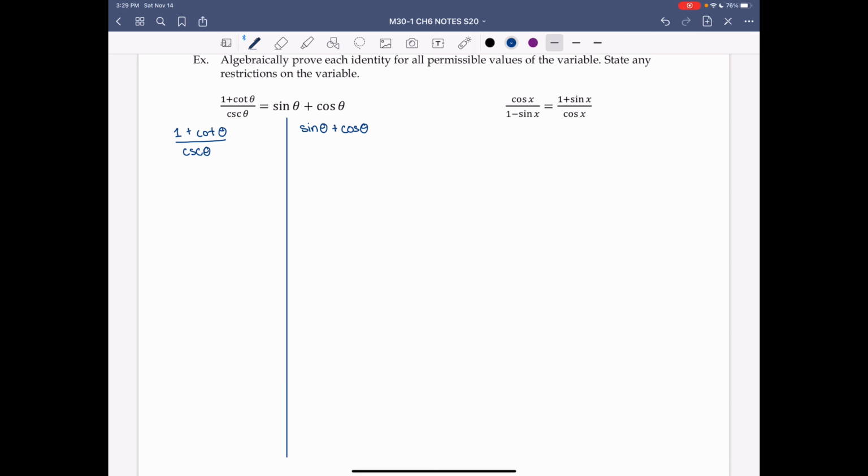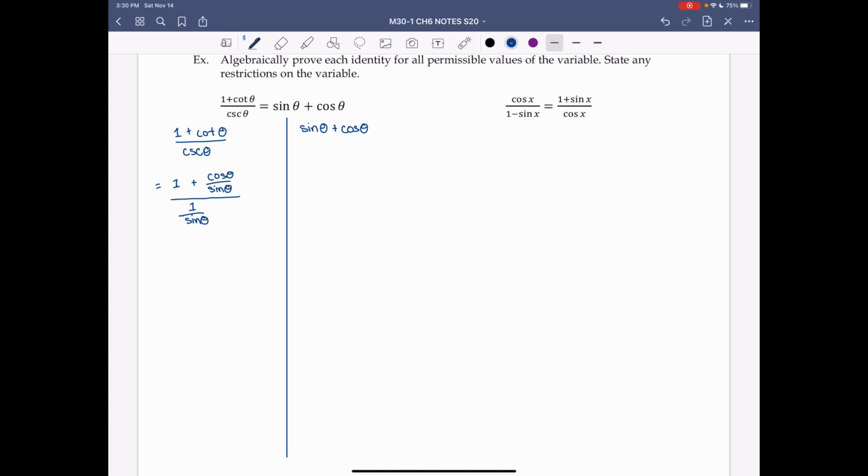Cotan theta is cosine over sine, so this equals 1 plus cos theta over sine theta, divided by cosecant, which is 1 over sine theta. Let's write this 1 as a fraction with sine as the denominator so I can combine those two fractions.